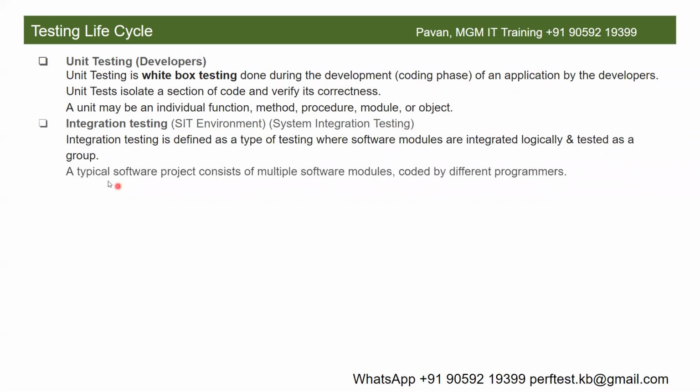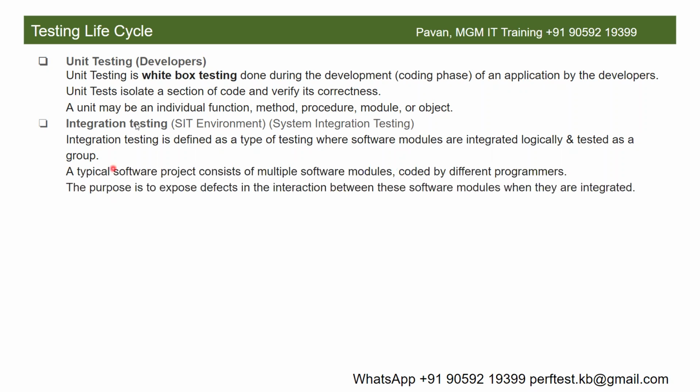A typical software project consists of multiple software modules coded by different programmers, which I already explained just now. The purpose of integration testing is to expose any defects in the interaction between these software modules once they are integrated. Is it clear, guys, what is meant by integration testing now?